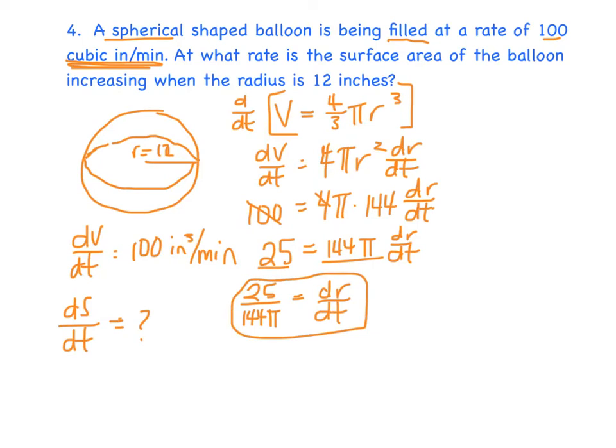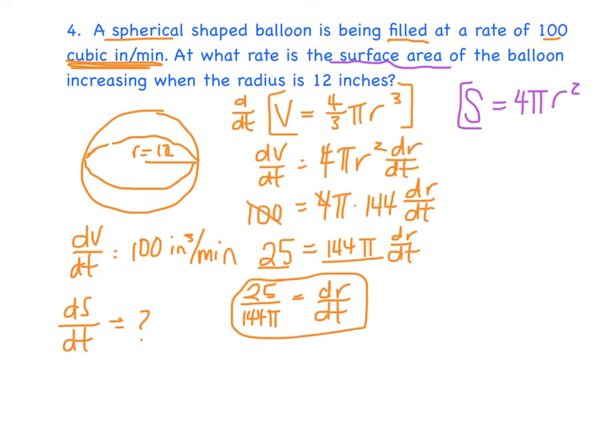Now I'm going to use that where? The whole thing I'm doing is looking for the rate at which the surface area is increasing. So I now need the formula for surface area, which, if you remember, is 4 pi r squared.